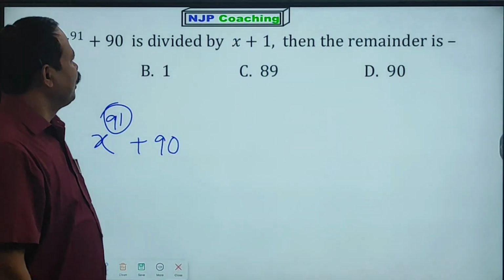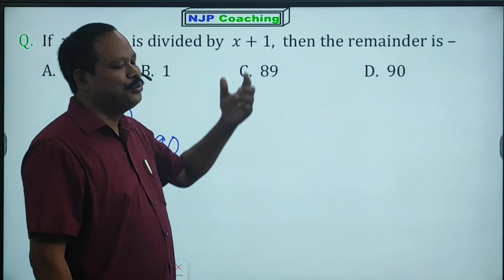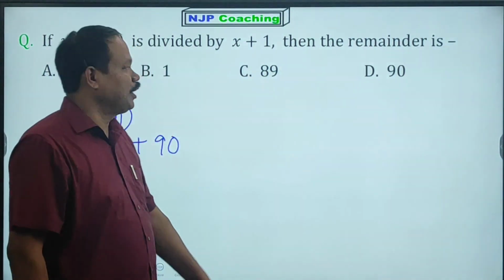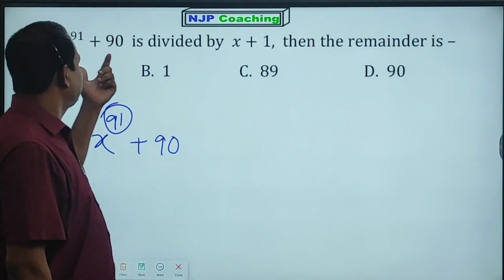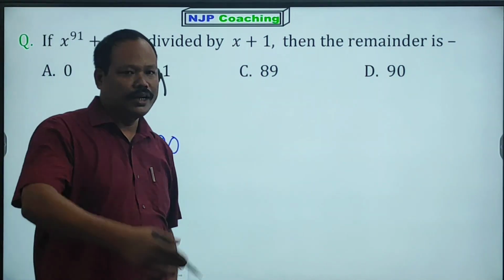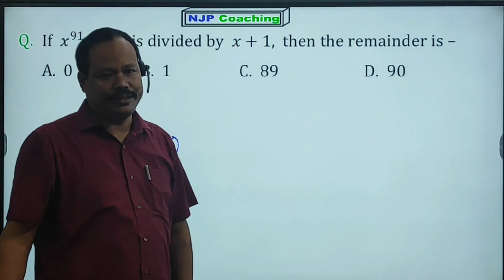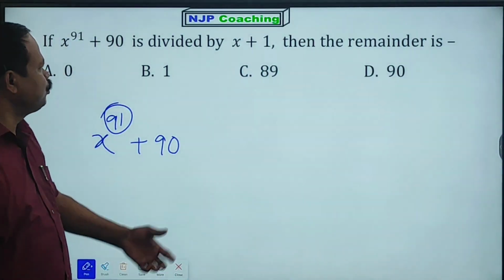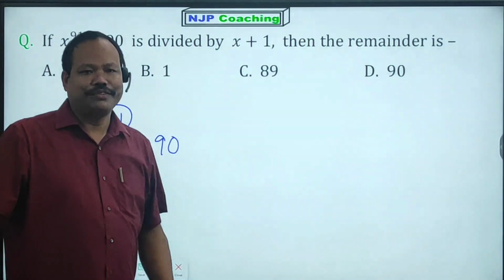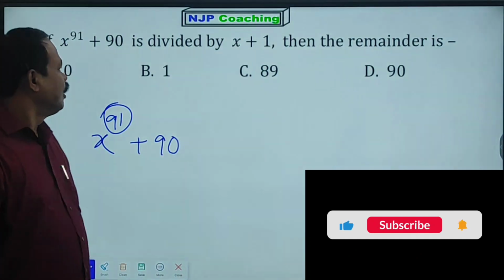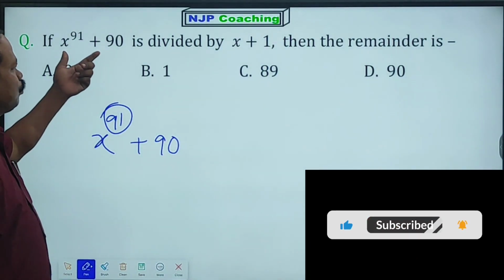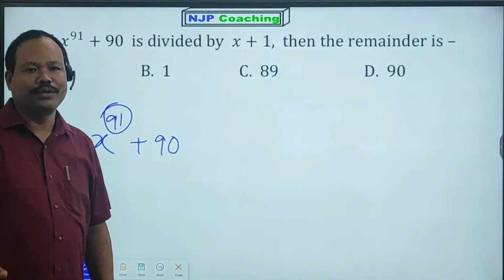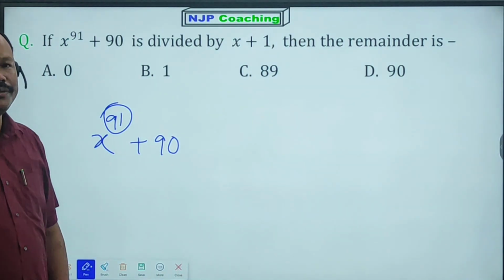But to find the remainder, if we do not use the remainder theorem and divide this polynomial directly by x plus 1, then we need a long page. Even a single page is not enough, because for x to the power 91, so many times we have to write, so many times we have to divide.